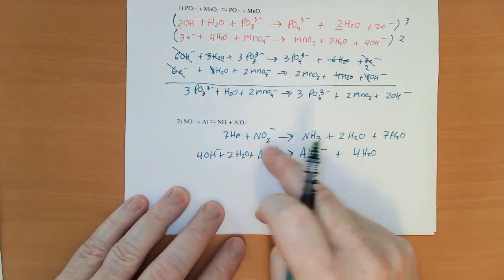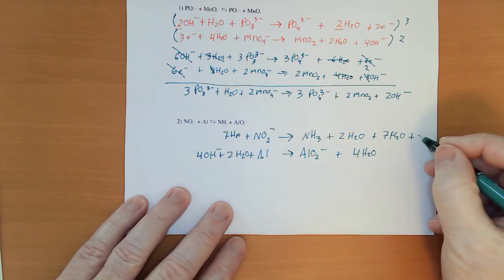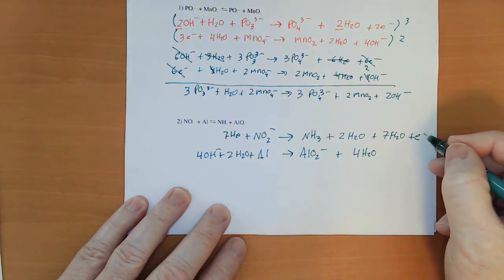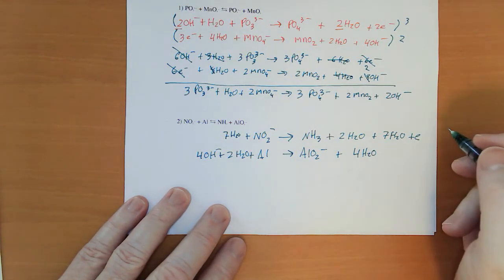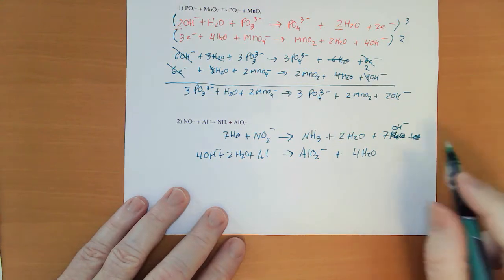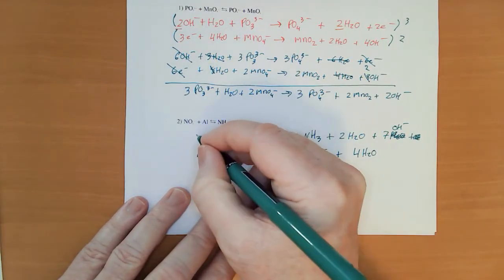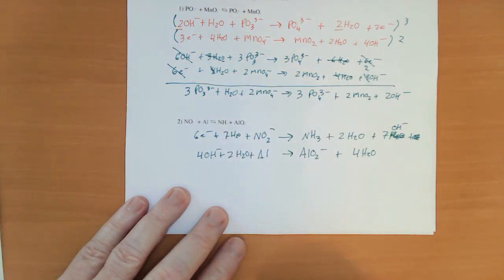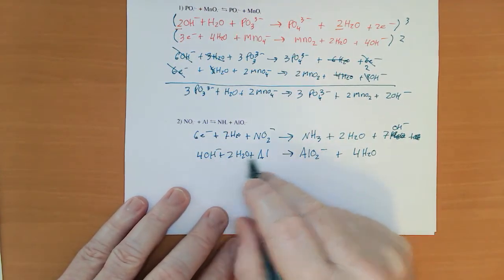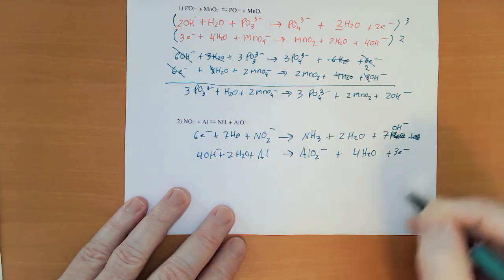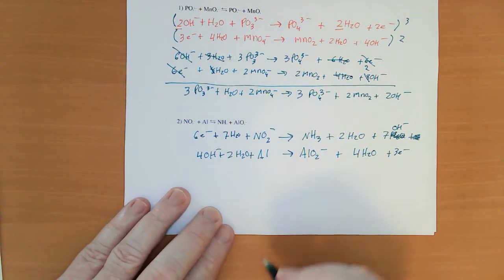Charge. Well, that's a 1 minus, so I'm going to add an electron over here. Okay, well, hold on. Wait a minute. Did I get that? Okay. So, 7 minus, 1 minus. That looks like I'm going to need 6 electrons. 4 minus, 1 minus. The difference, I'm going to need 3 electrons.